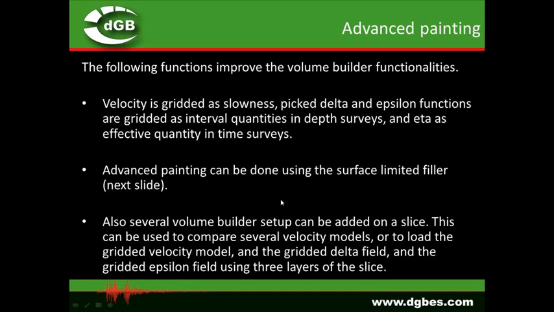You can use this to compare several velocity models on the same inline or crossline, but you can also use it to load the gridded velocity model on one slice, the gridded delta field on a second slice, and the gridded epsilon field on a third layer of the same slice. Then you can toggle very easily on and off between these various slices.